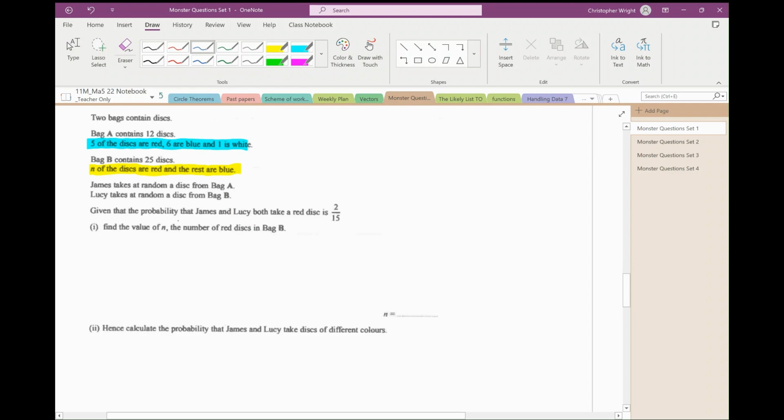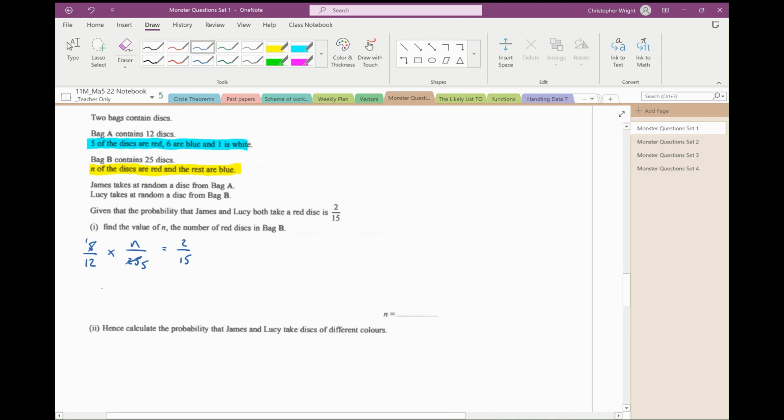Well, let's find an expression for the probability that they both take a red disc. Probability that the first disc is red is 5/12, and the probability that the second disc is red is n out of 25, and you know that that product has to equal 2/15. Right, well, I can cancel here, cancel there.